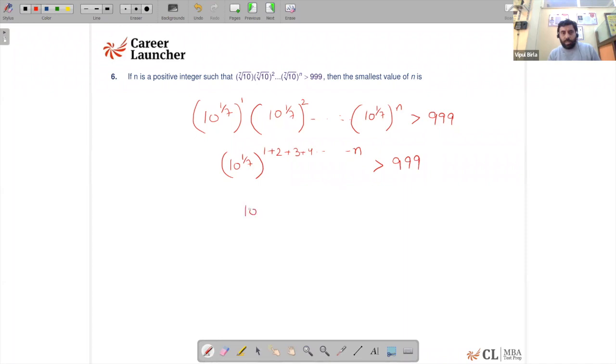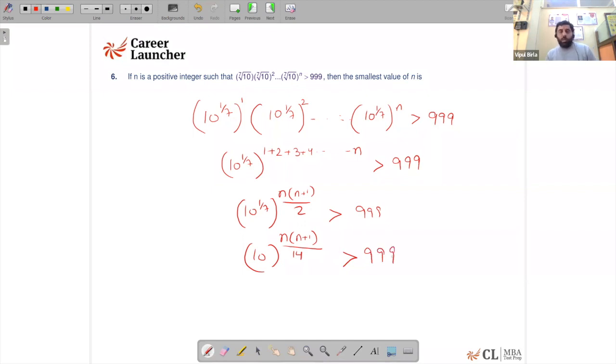Now, 10 to the power 1 by 7 and sum of n natural numbers is going to be n into n plus 1 by 2. I want this value to be greater than 999, which can be written as 10 to the power n into n plus 1 upon 7 into 2 becomes 14, and this has to be greater than 999.